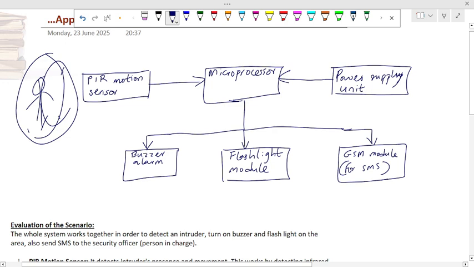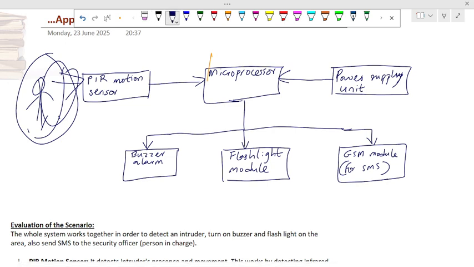When the person gets into this range, it will detect them, and that serves as input to the PIR sensor, which will now give an output. But this output from the sensor is actually input to the microprocessor. Are we seeing what's happening? So it will serve as input to the microprocessor.